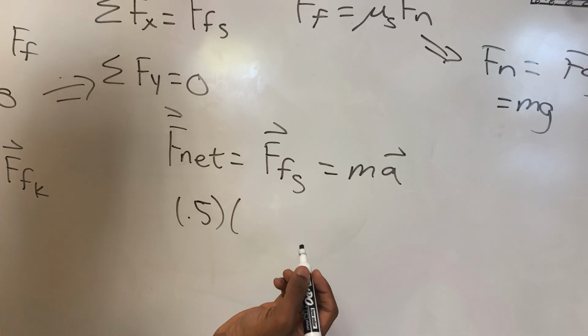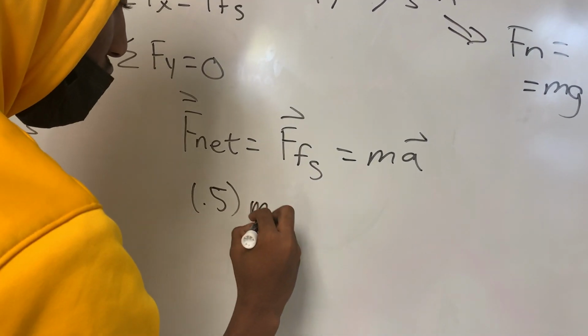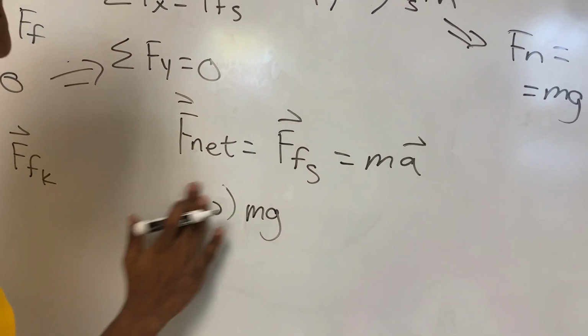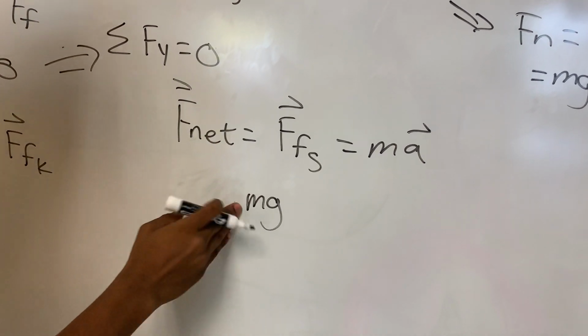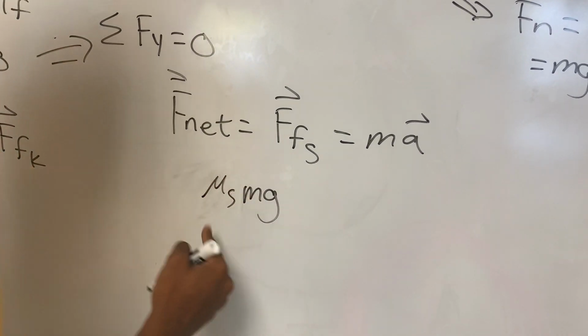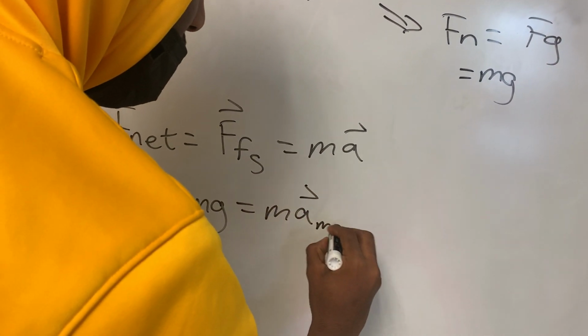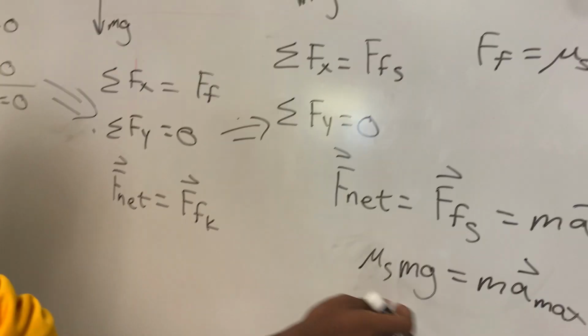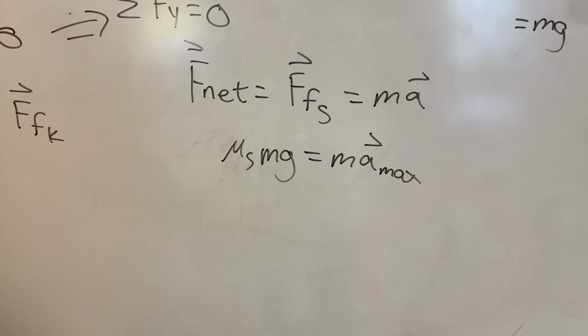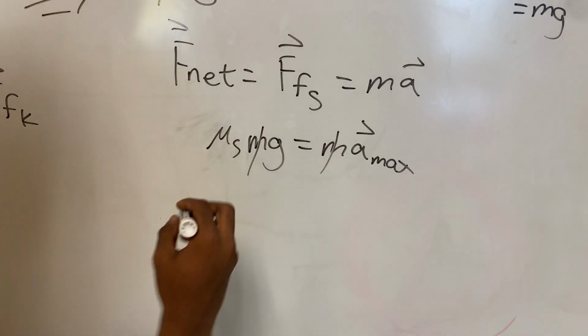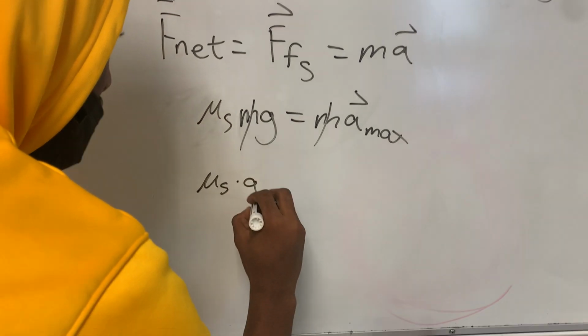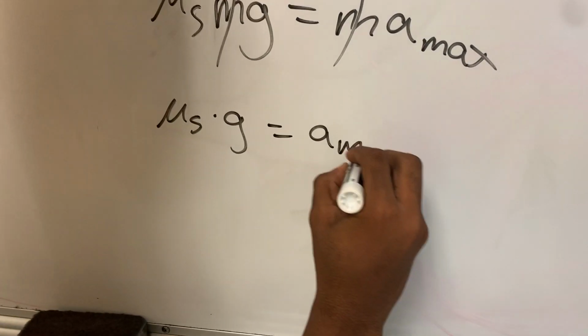So for the mass, I'll just keep mu. I like to use numbers at the end. That's mu s mg is equal to m a, and I'll put a max because that's what they want. So then these will cancel, and you're left with mu s times g is equal to a max.